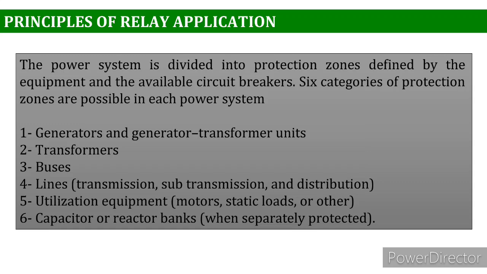Number two, transformers. Number three, buses. And number four is lines. Lines can be transmission, sub-transmission and distribution, all are included. Number five is utilization equipment that contains motors, static or other loads. And the other one is capacitor or reactor banks when separately protected.